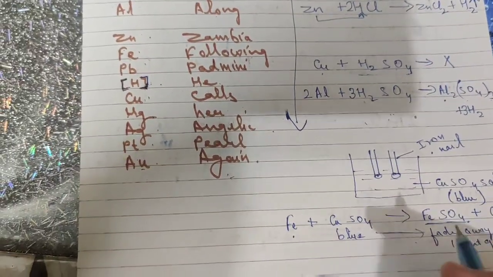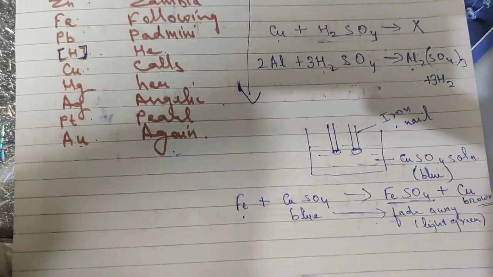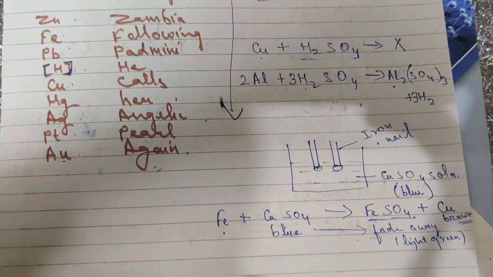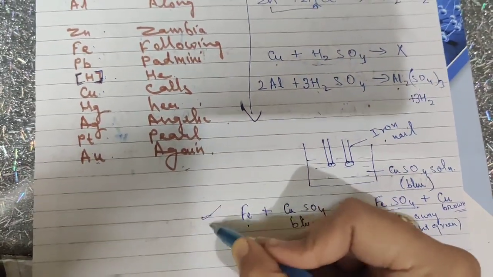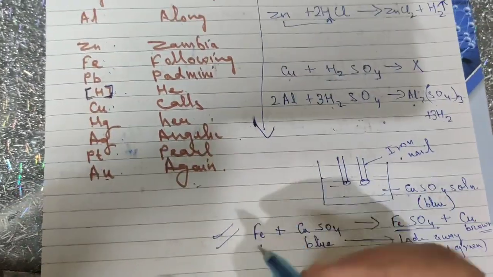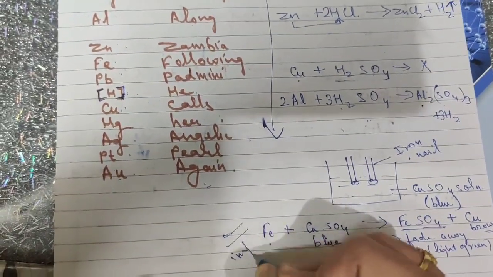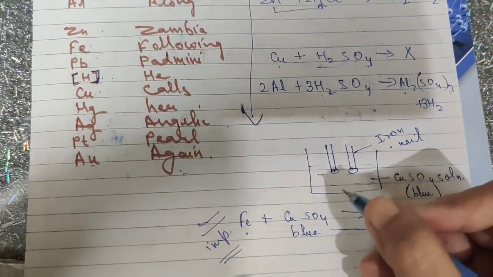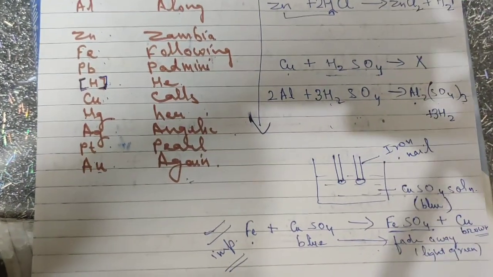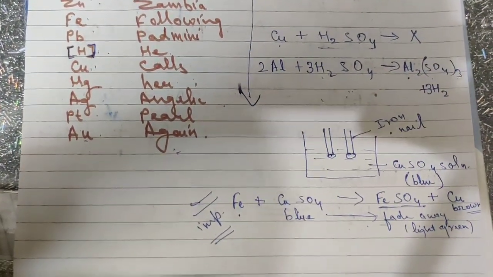So here you can see that there is a change in color during the reaction which can be observed, and this is a very important activity and reaction for your board exam also, because most of the times it has been asked in the form of give reason, or to complete the reaction, or to state the observation.